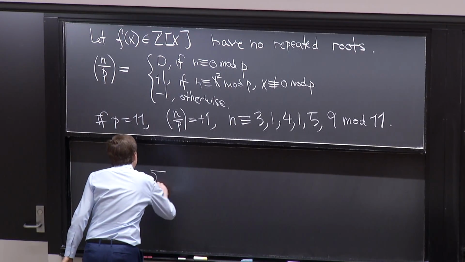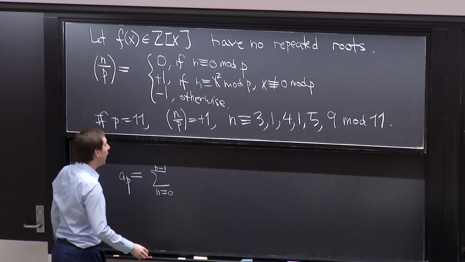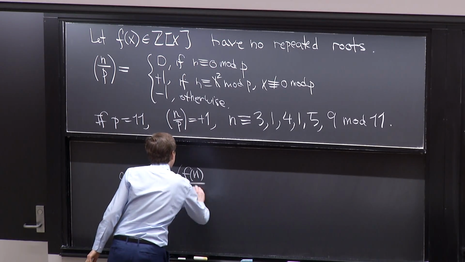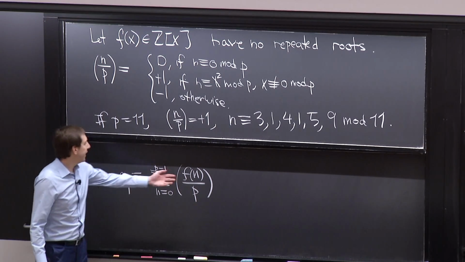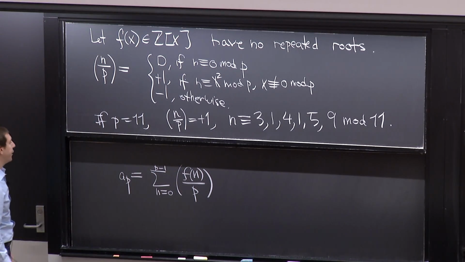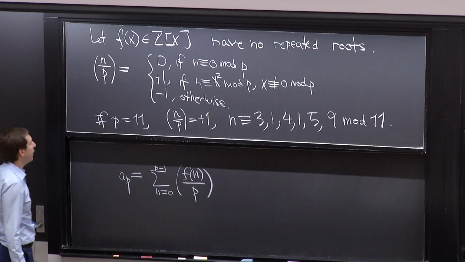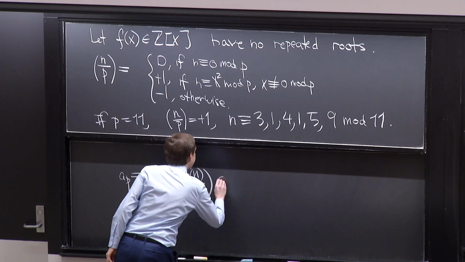This is the sum from n equals 0 to p minus 1 of the quadratic residue symbol of f(n) mod p. So as n runs from 0 to p, when the value is a square you have plus 1, and when it is not a square it's minus 1. And I get this number a_p, which is in Z.